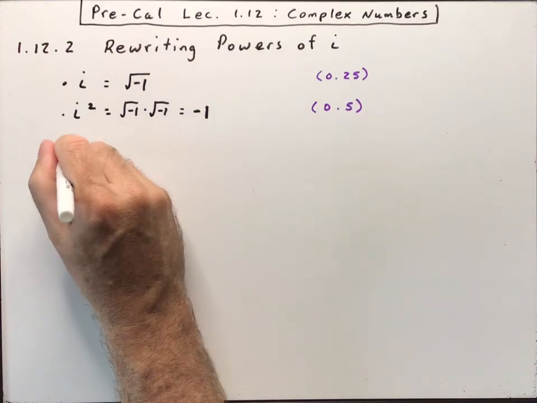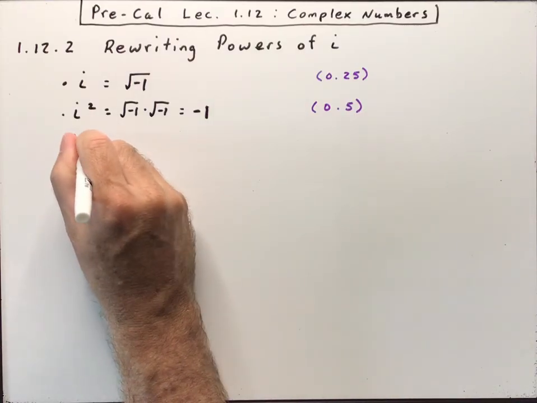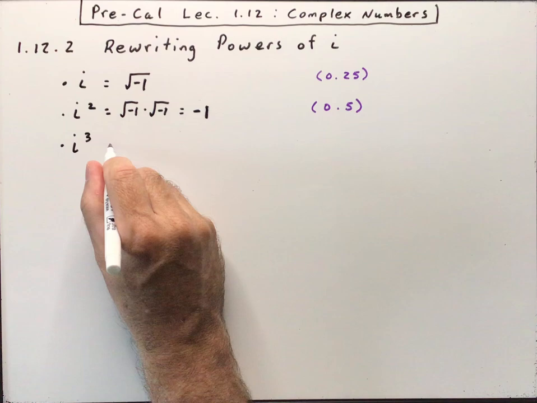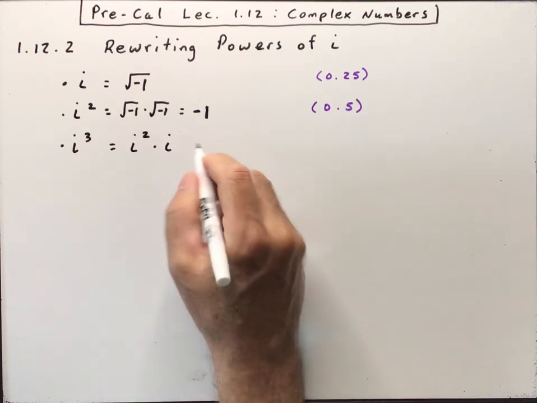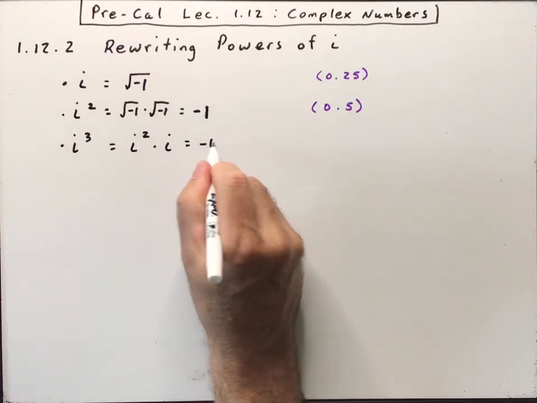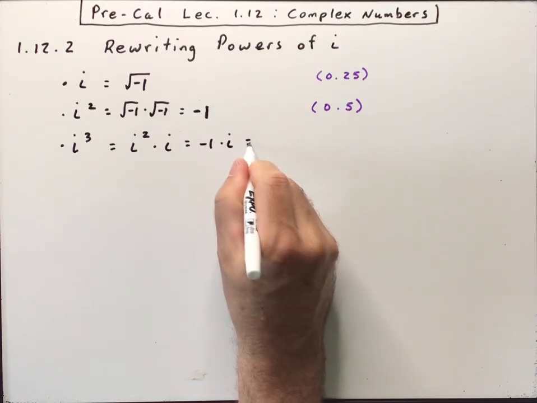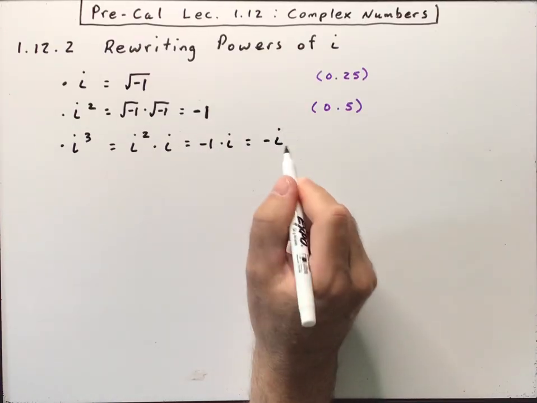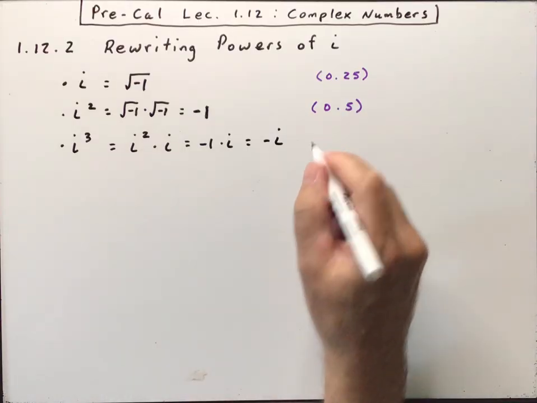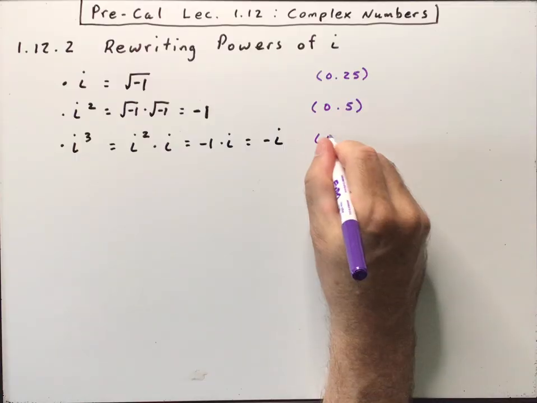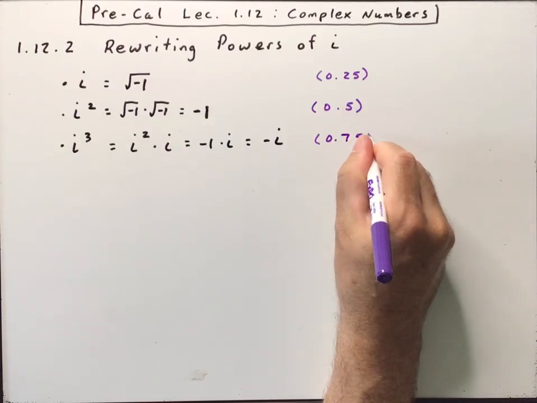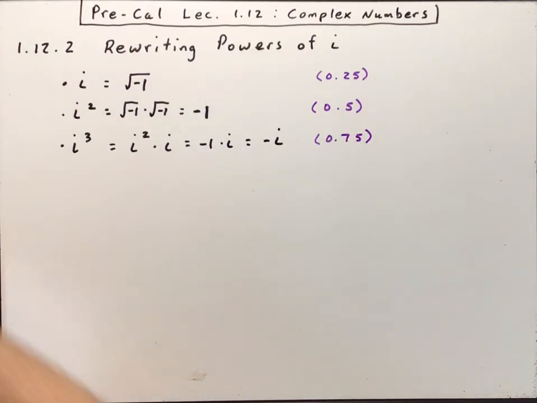Let's say we have i cubed. Well, that's going to be i squared times i, which would be -1 times i, which is -i. So i cubed is the same as -i. And the number that I'm going to have you memorize for our shortcut is 0.75.